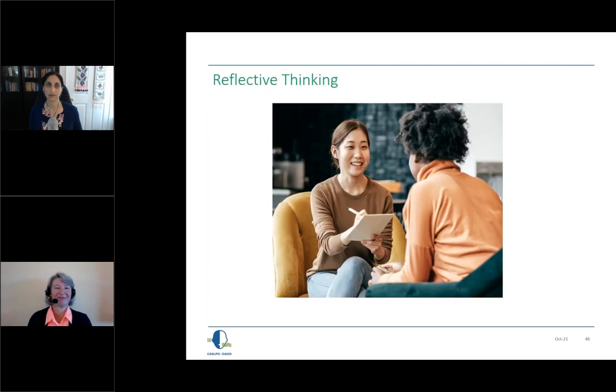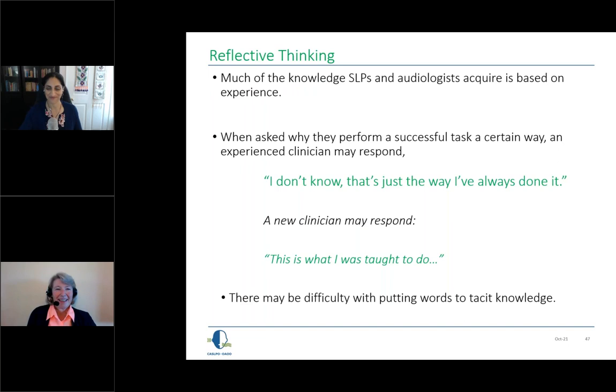Exactly. Pass it over to you, Sarah, for reflective thinking. Thanks, Samida. So reflective thinking, you can see that it also links with critical thinking in terms of thinking back. But as we know, much of the knowledge SLPs and audiologists acquire is based on our experience.